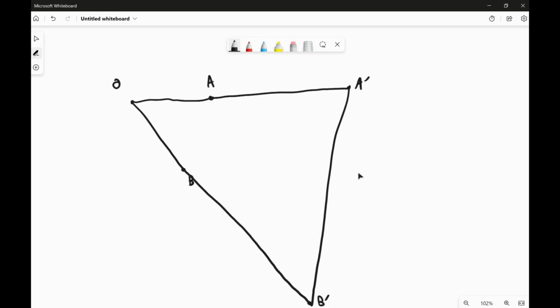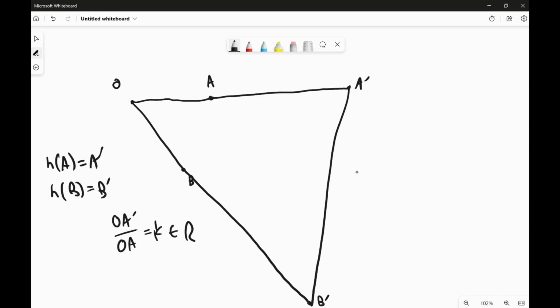Rigorously, it's a function H that takes A to A prime and B to B prime, where OA prime over OA is equal to K, where K is a real number.